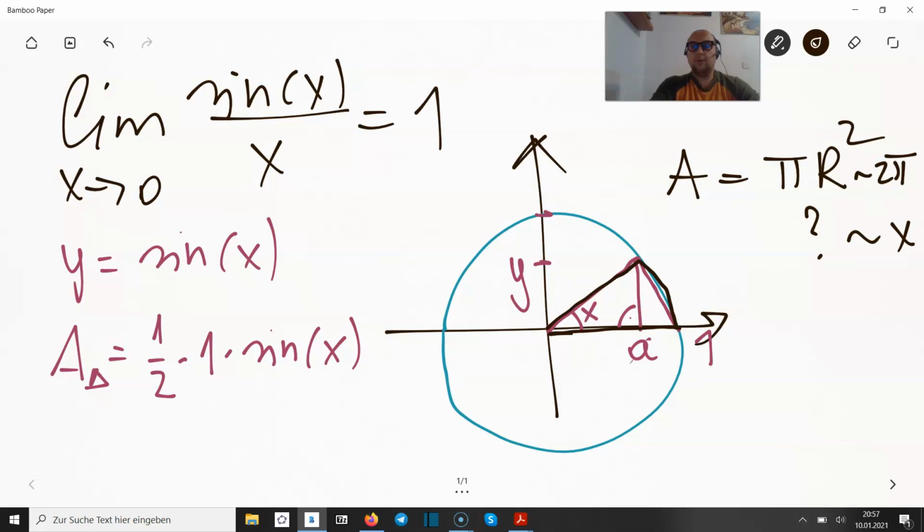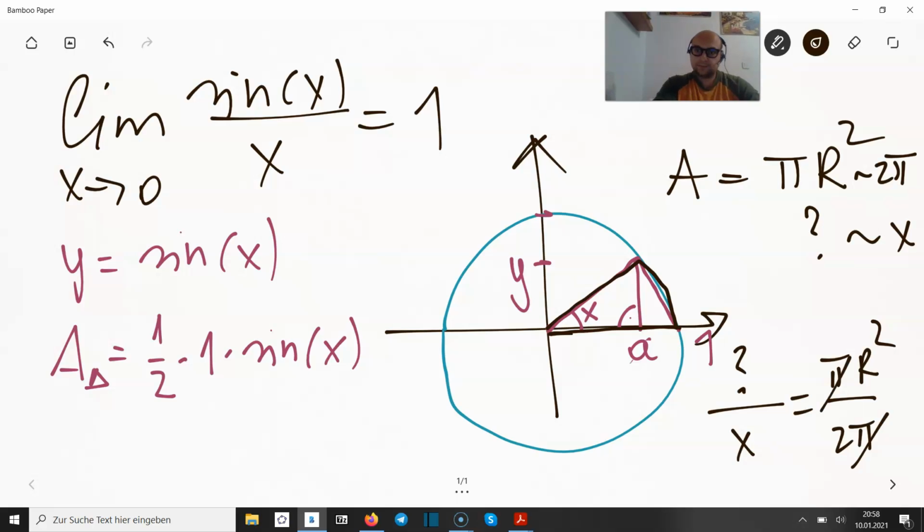So how can we compute the question mark? Well, you see the question mark divided over x would be the same as pi r squared divided over 2 pi. Now I can cancel pi's, and don't forget we are in a unit circle, so r squared is equal to 1.